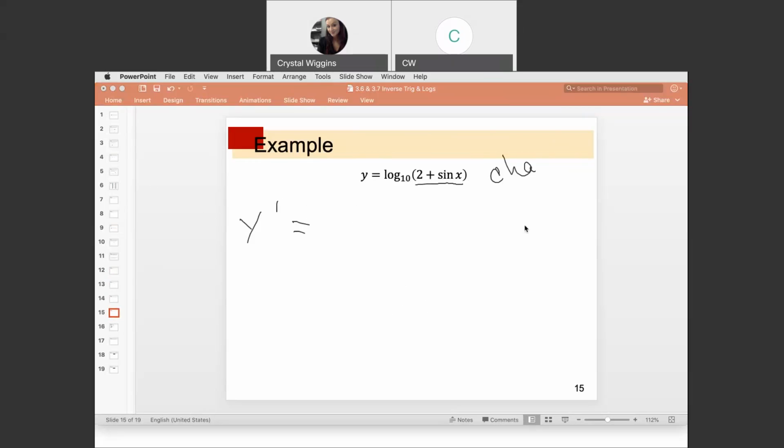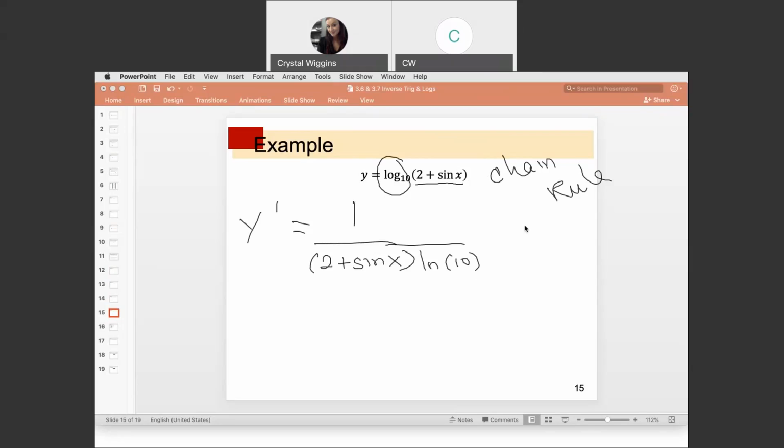So that constitutes a chain rule, where I recognize that the common log is the outside function, so I'm going to handle the outside function first. 1 over the inside function, 2 plus sine of x, times the natural log of the base, ln of 10.